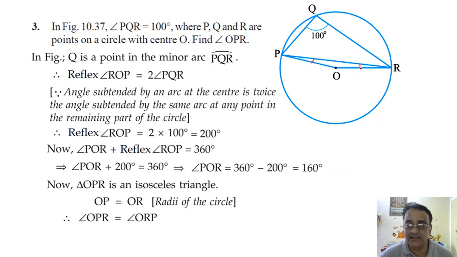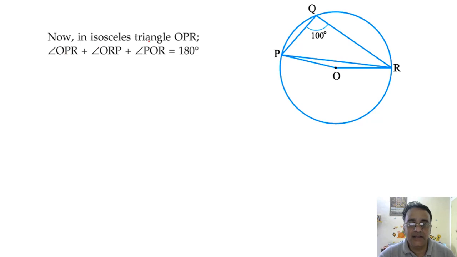Why? Angles opposite to equal sides are equal. Now we take the sum of all the angles in this triangle: angle OPR plus angle ORP plus angle POR is equal to 180 degrees. Already we have shown that these two angles are equal.